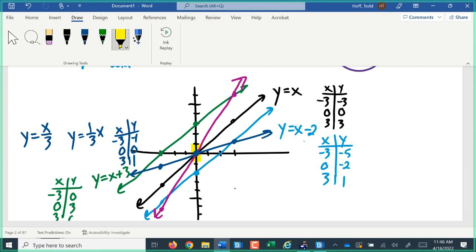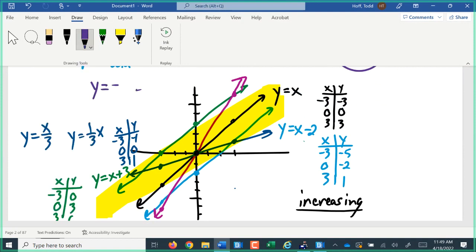Well, so far, as we go left to right, all of our lines have been going uphill. This is what we refer to as increasing. Basically what it's saying is as the value of x gets larger, the value of y gets larger. How could we make it decreasing? Well, our only option that we really have left is this one. Y equals negative 2 times x. So we're multiplying by a negative.